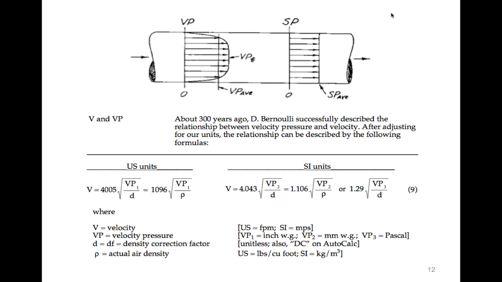So the velocity pressure downstream of the fan and upstream of the fan are not only the same, they're both positive. Okay, everybody comfortable with that so far? Okay, what about the static pressure? The static pressure upstream before the fan is negative because it's under a suction. After, it's positive, right? Because the fan is pushing air through.